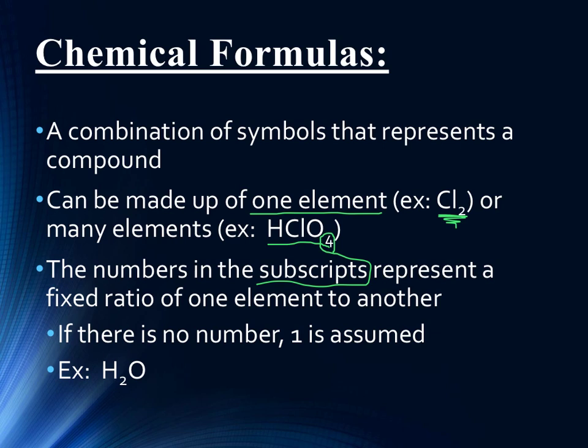So in H2O, there are 2 H's and 1 O, because those are the subscripts. Here's the 2 for the 2 H's. There's actually a hidden little 1 right there. That becomes our 1 for the oxygen. That's going to come in handy as we keep going with these formula masses.